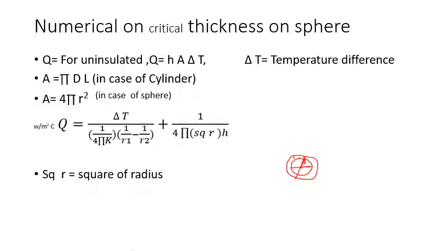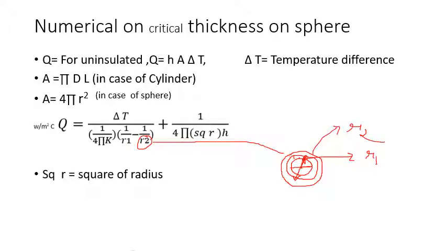Over this one I am using the insulation, so whenever I deal with R2, it is nothing but after insulation. The first one is generally not mentioned in any numerical. We refer to this as R1, and after insulation this is mentioned as R2. I hope I made it clear.